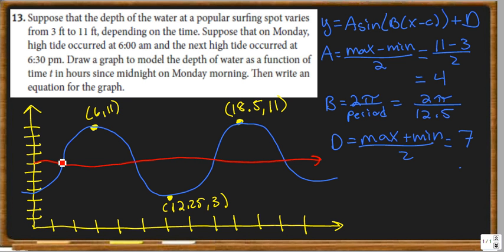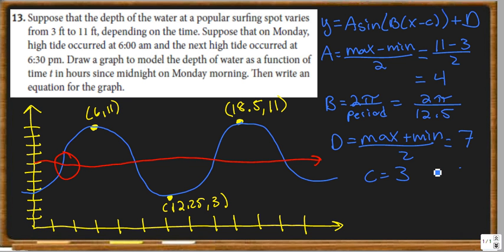So it looks like right here is going to be our C value. Based on how you sketched it, it could be a little different for you than it is for me. I'm going to take a guess and say that we're intersecting right there at about 3. So I'm going to get C equals 3.